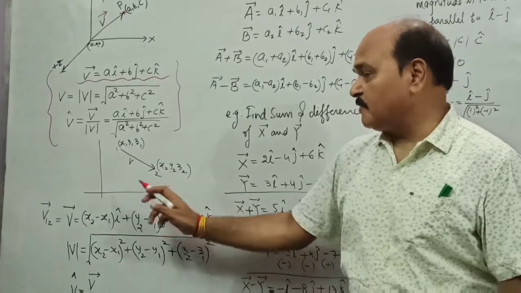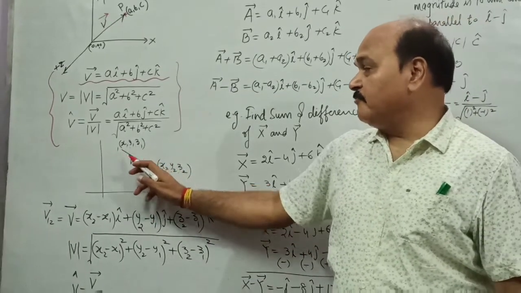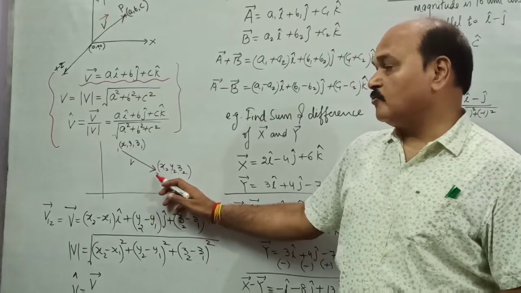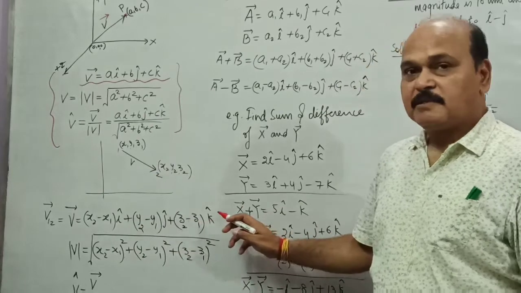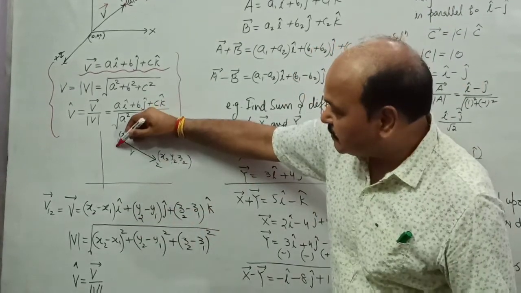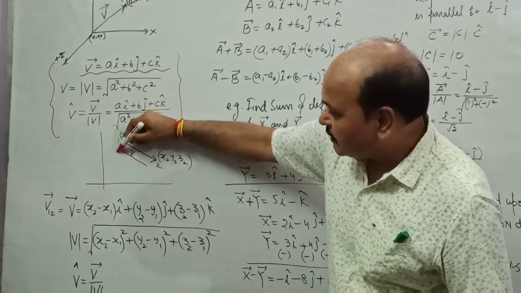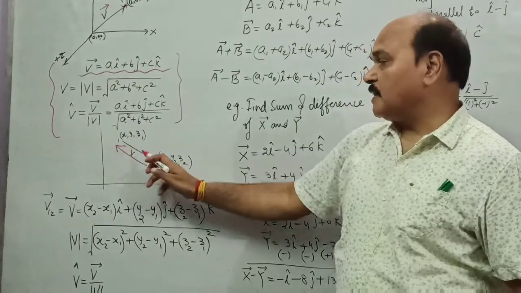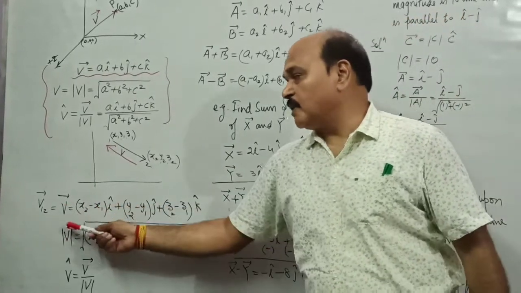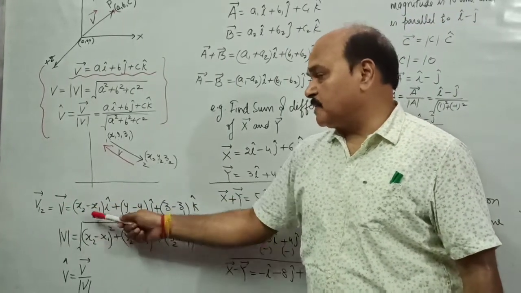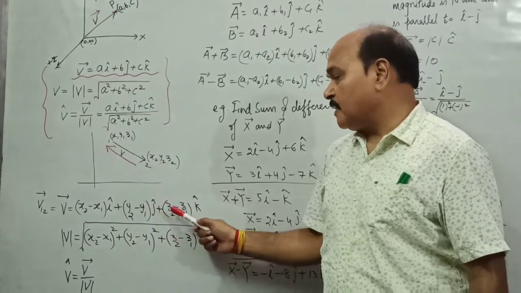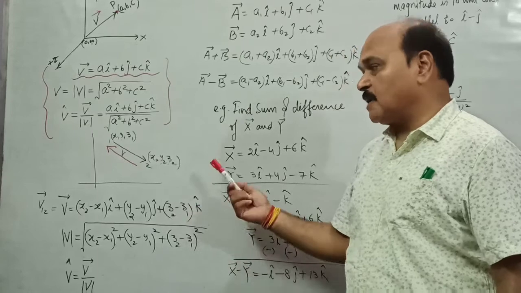So this is the position vector V12. The tail is at 1 and the head is at 2. If we reverse the vector, so that the head is taken at 1 and the tail is taken at 2, the vector would be V21, and that would be x1 minus x2 times i cap, y1 minus y2 times j cap and z1 minus z2 times k cap.